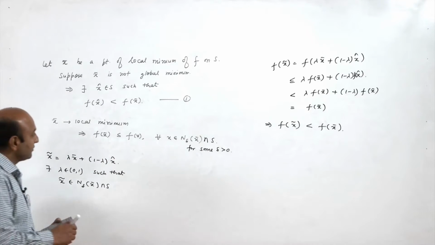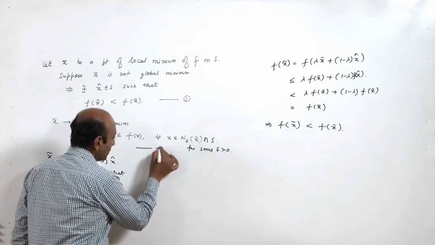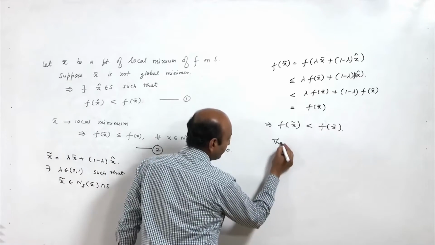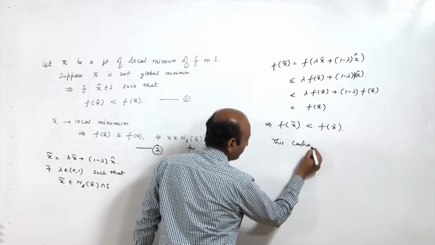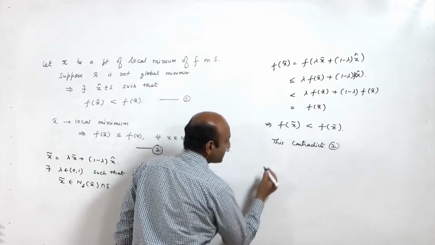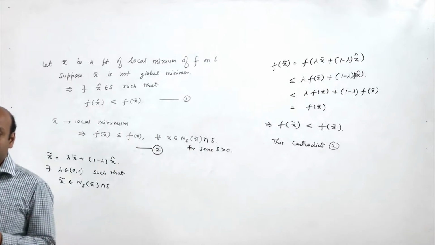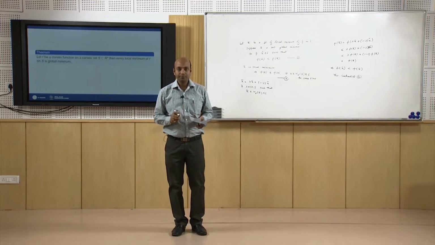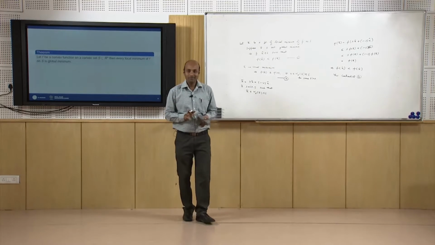Suppose this is 2, so this contradicts 2. So this implies x bar is global minimum of f.